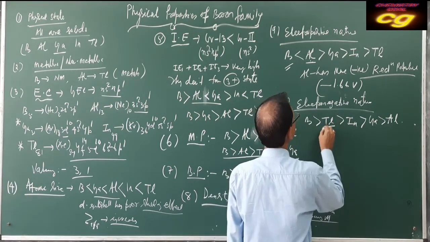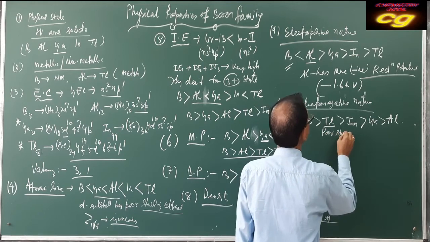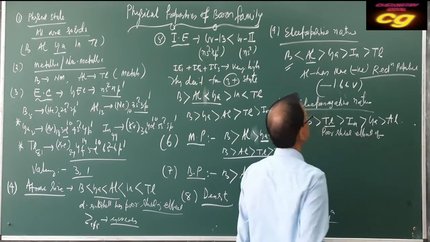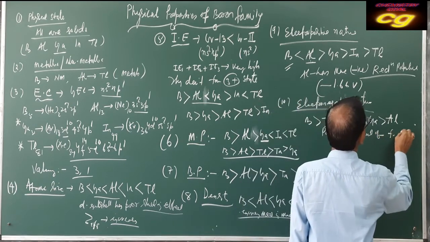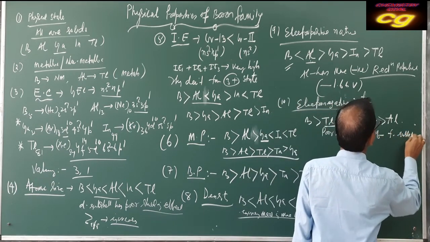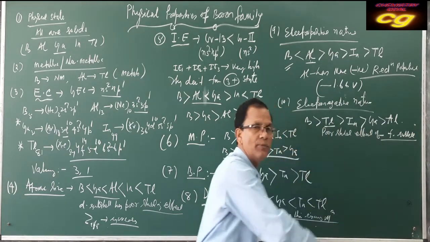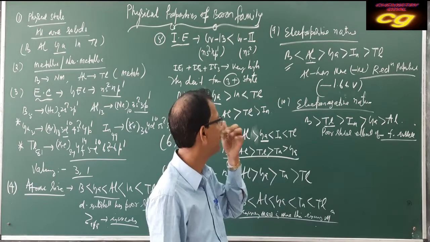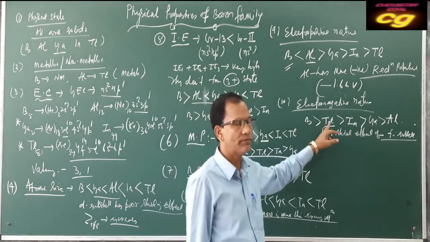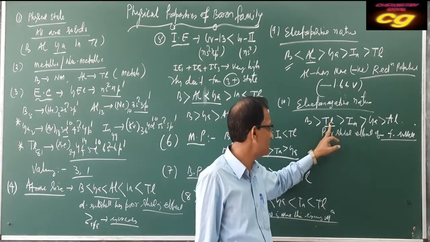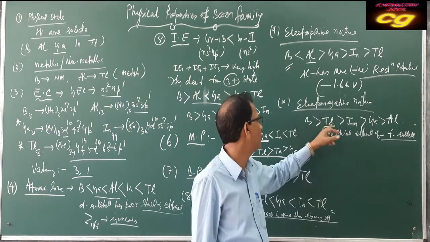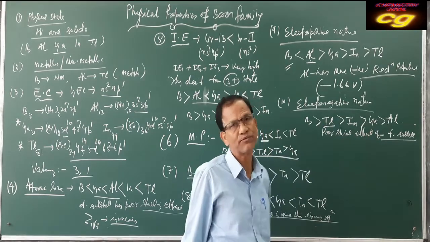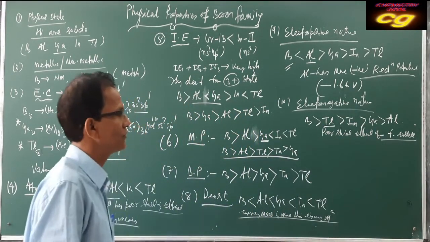Due to the poor shielding effect of the f subshell. As the f subshell of thallium has poor shielding effect, the electronegativity of thallium is more. It is an exceptional character. Although it has a larger size, the electronegativity is more, next to boron, due to the poor shielding effect of the f subshell. So some variation is observed.